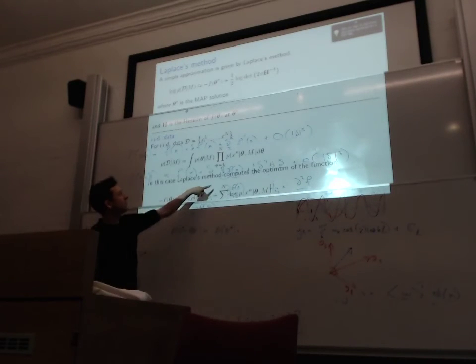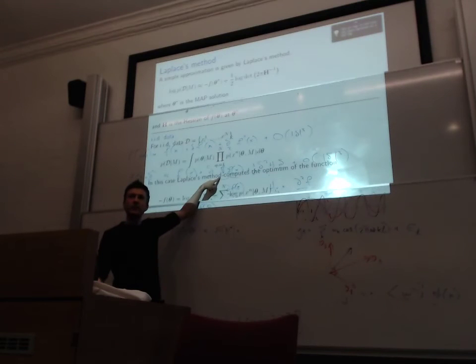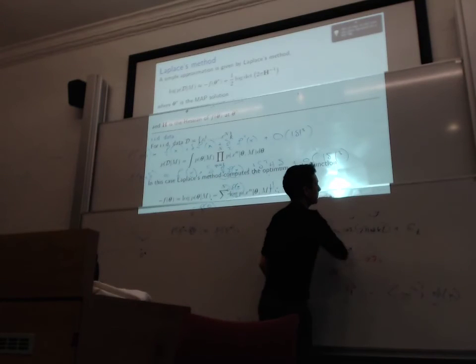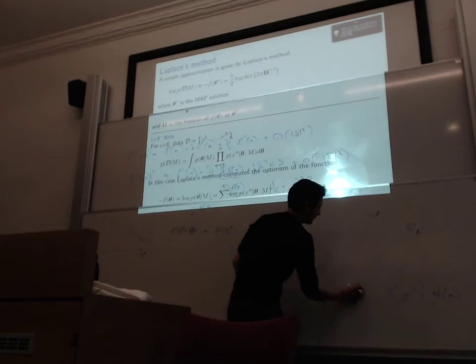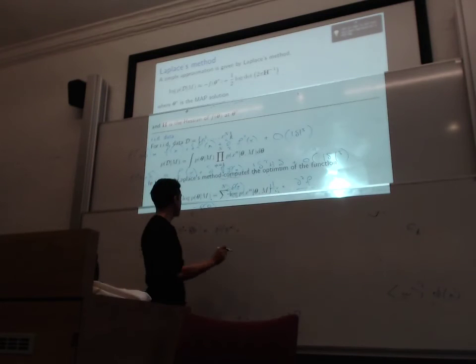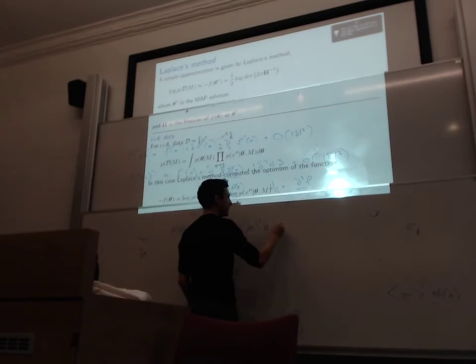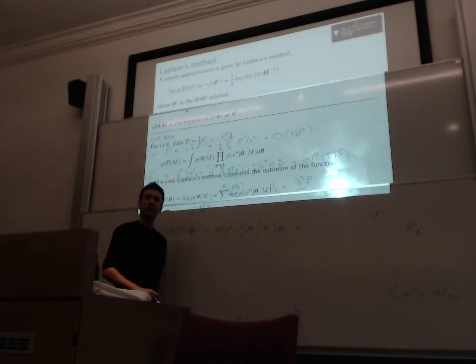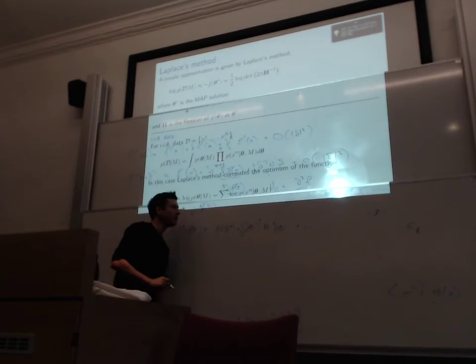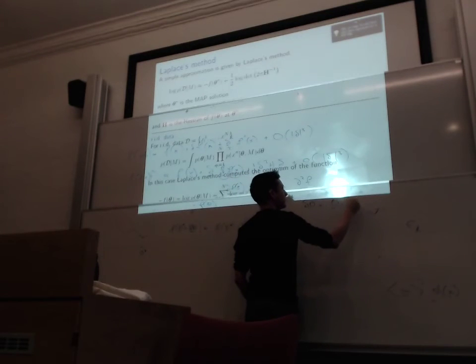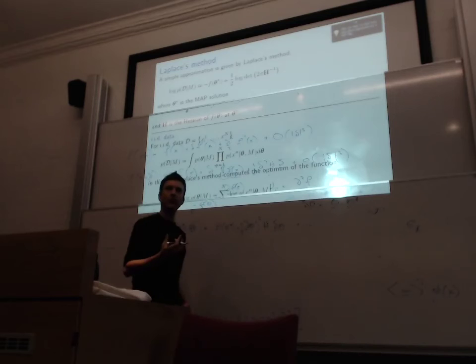So this first term here will be 0, because the gradient is 0. So we're only going to have this term here: roughly delta theta transpose, 1 over 2 Hessian, delta theta, plus higher order terms, which I'm going to neglect. So delta theta is the difference between theta and the optimal point.